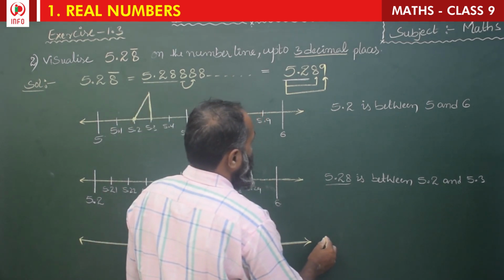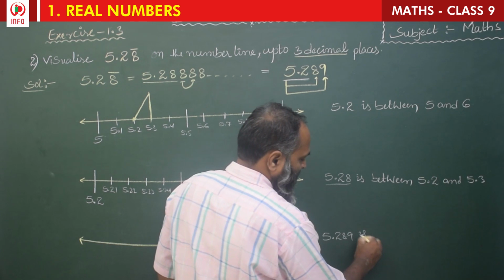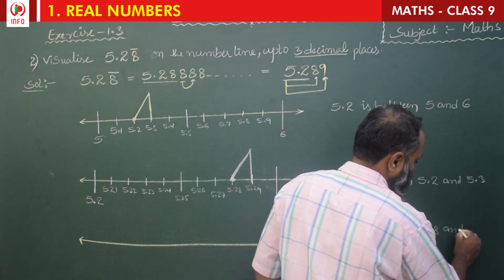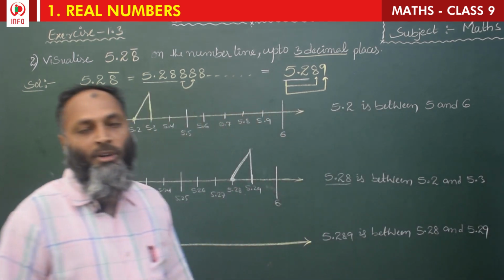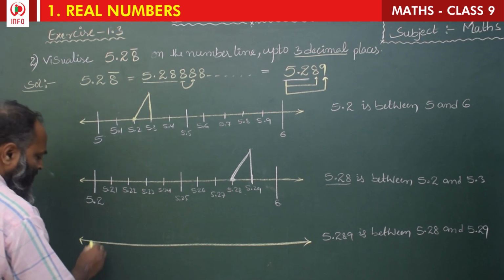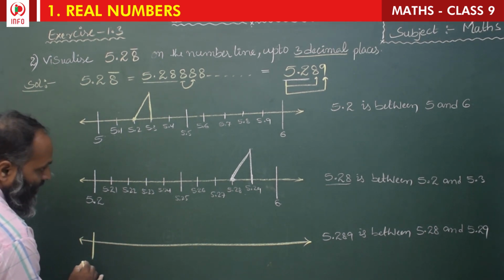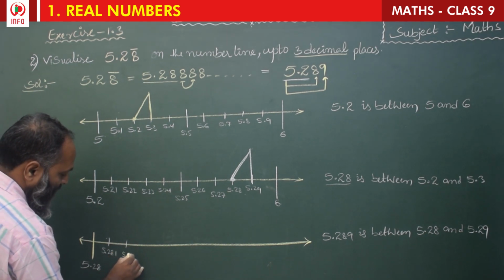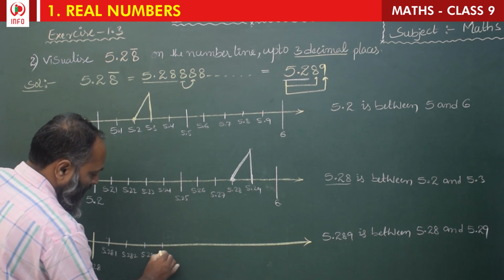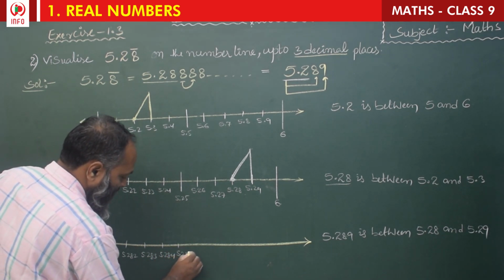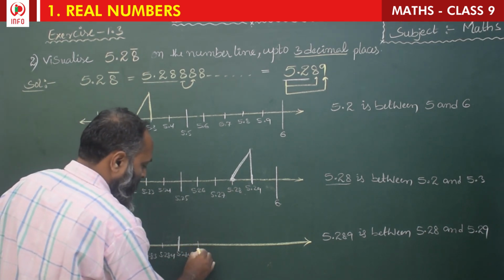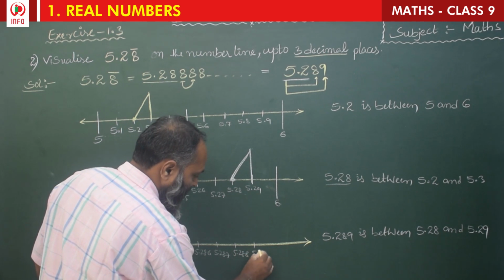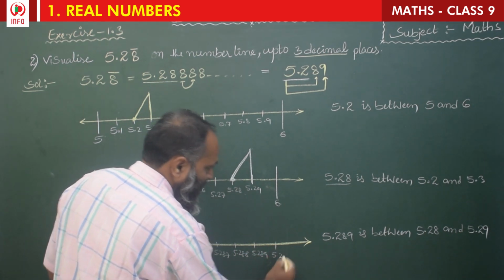5.289 is between 5.28 and 5.29. Here first 5.28, 5.281, 5.282, 5.283, 5.284, 5.285, 5.286, 5.287, 5.288, 5.289, 5.29.